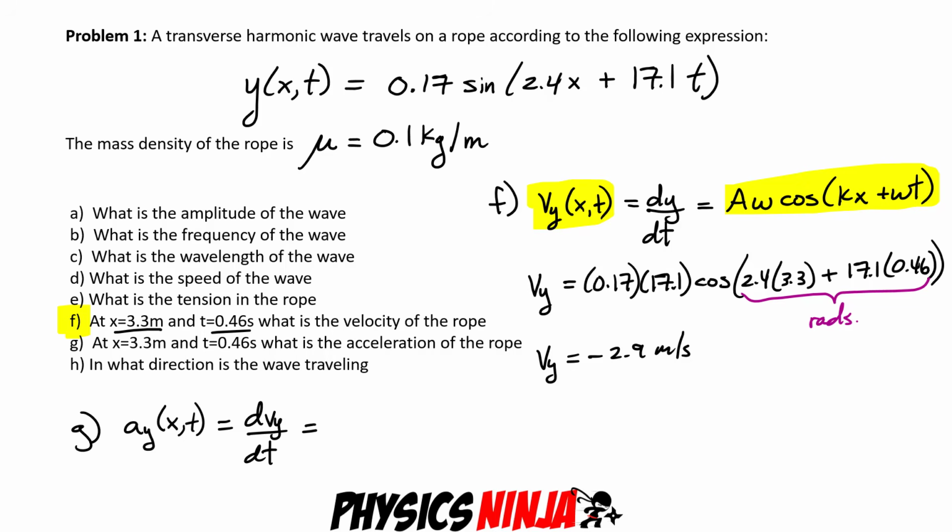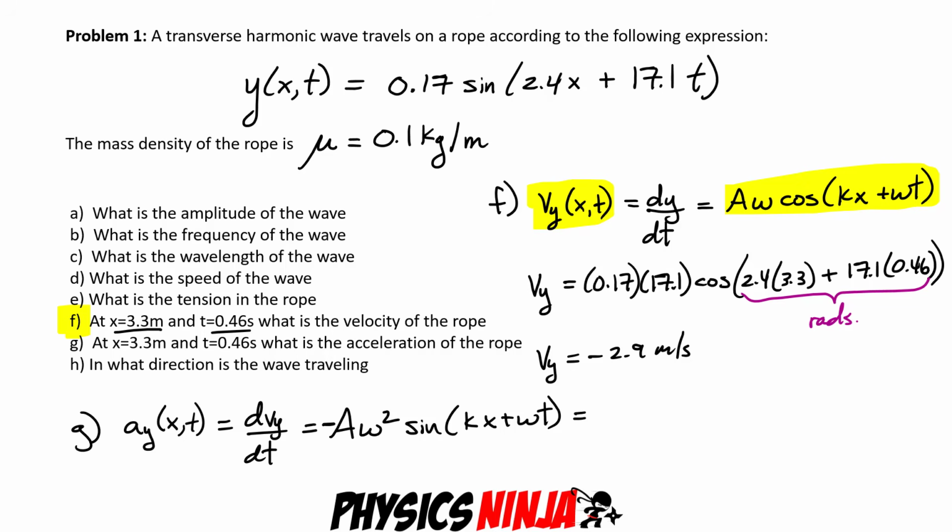So if I differentiate the velocity here, I'm going to get an omega that comes out again. I'm going to get A omega squared. Now it will be minus because if I differentiate a cos function, it becomes minus sine of kx plus omega t. Again, all you have to do now is substitute in all the numbers in here.